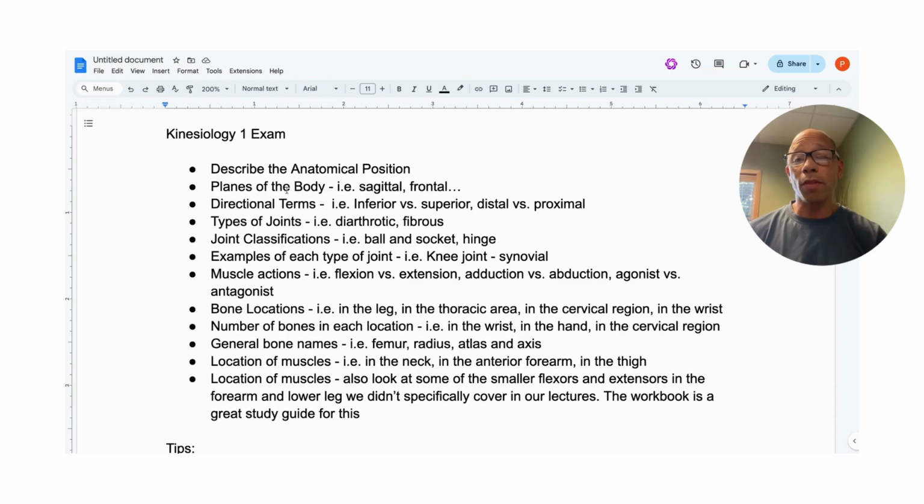Second, planes of the body. Remember, we looked over different planes: sagittal plane, frontal plane, transverse plane, coronal plane. There were a couple that were a little bit tricky in there as well, but the different planes of the body, and you'll be expected to know this action.